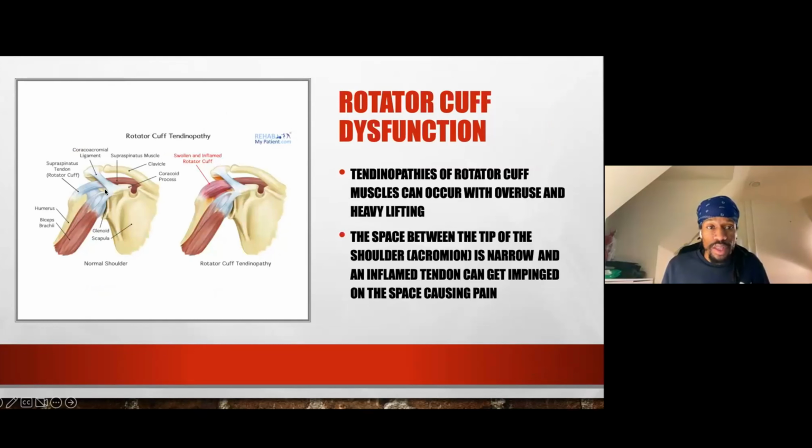Again, we've got tendinopathy, which is basically a whole process of the tendons of the supraspinatus. Tendinopathy can happen anywhere in the body, but in regards to the rotator cuff, this is where the supraspinatus is constantly strained and overused.